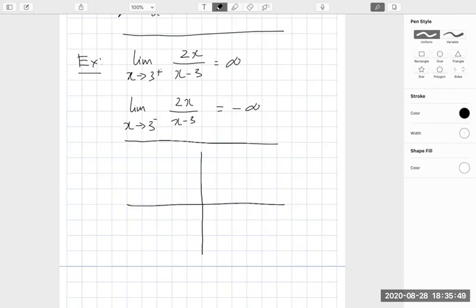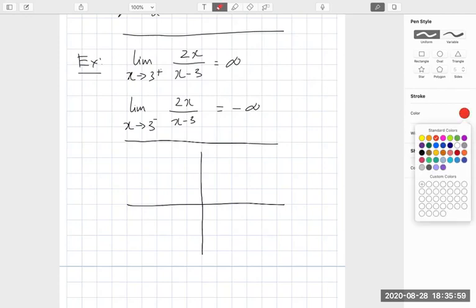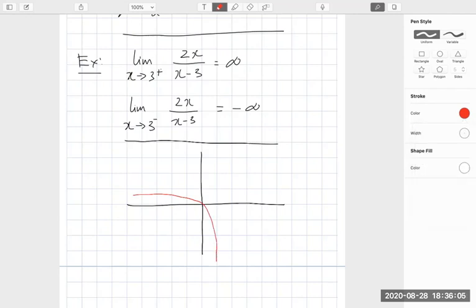This is the graph: when x is equal to 0, then y would be equal to 0. It goes up here, somehow like this. And here, somehow like this.